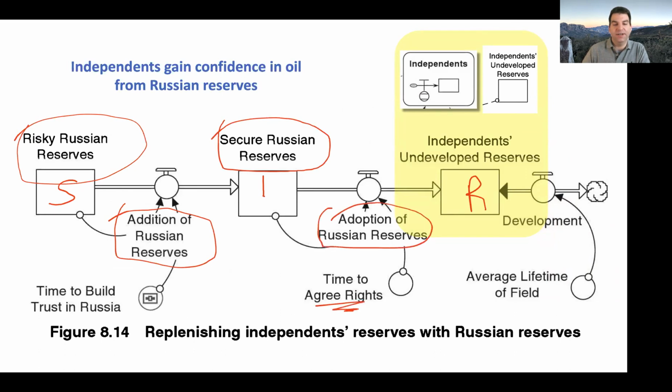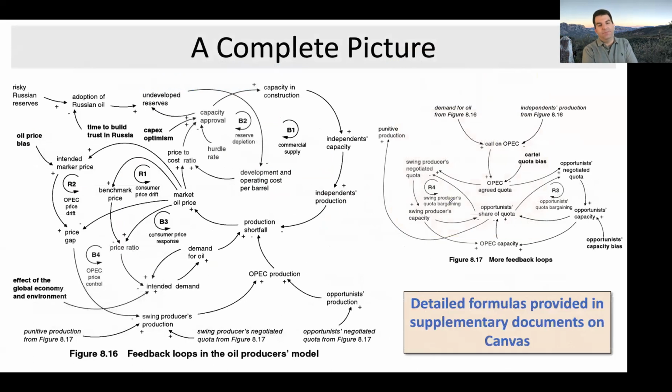So they have agreed rights here, and then become a part of the independent reserve. So it looks just like an age-structured model in a population, where Russian oil gradually over time becomes independent oil as it becomes more secure. And then that will give the independents more ability to participate in the market.